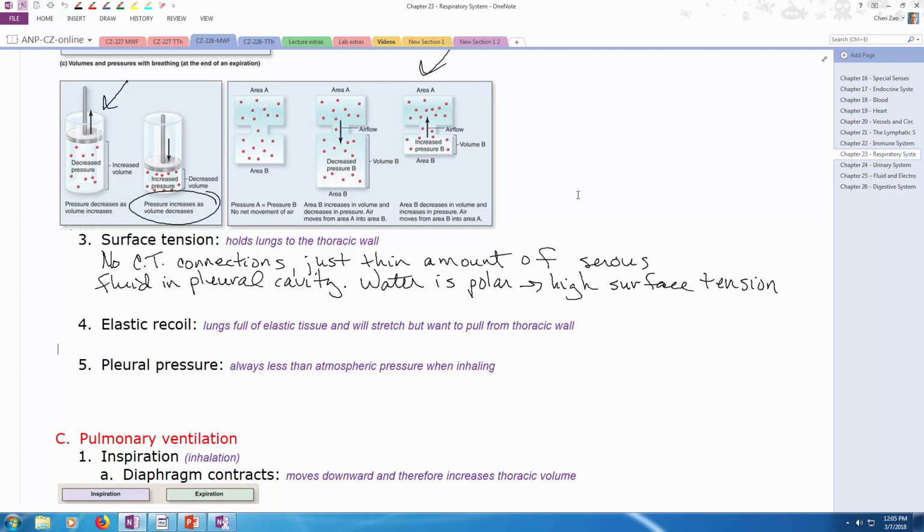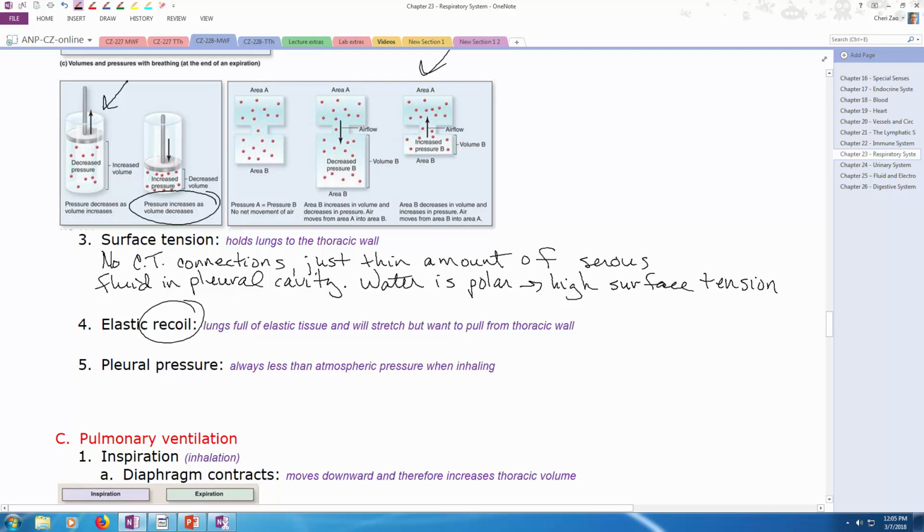So that elasticity of the tissue works against us with that recoil factor. Our lungs, if they're not inflated, naturally want to collapse, which would be to pull away from the wall and not hold air well.